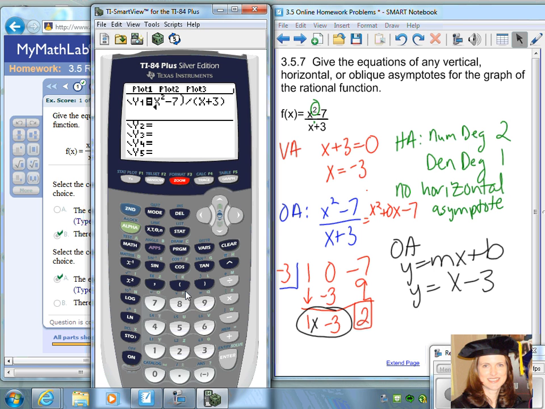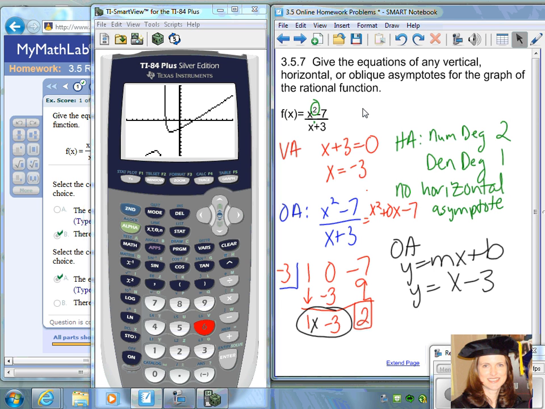I'm going to do a standard zoom, and hopefully that's going to be big enough so that we can see that it has a vertical asymptote at negative 3, that vertical little jump in the graph. And you see how this graph does not flatten out? It actually looks like it approaches this oblique asymptote, and the equation of that oblique asymptote is y equals x minus 3.